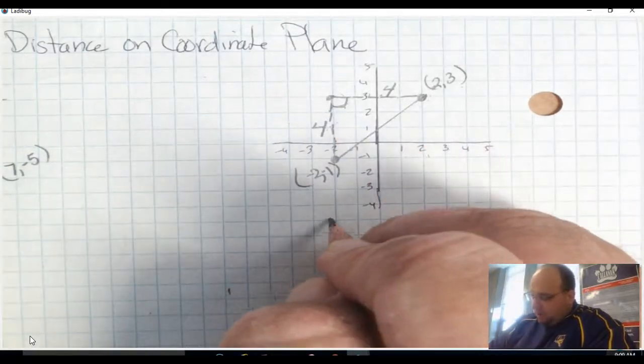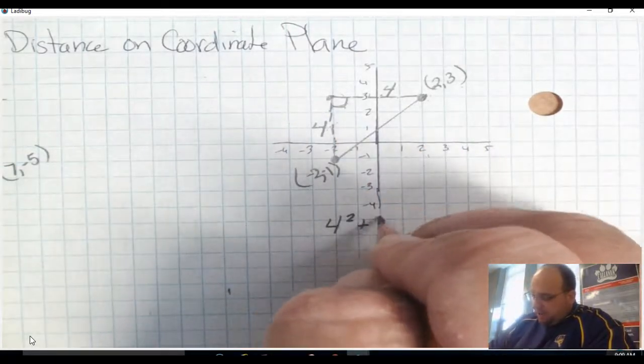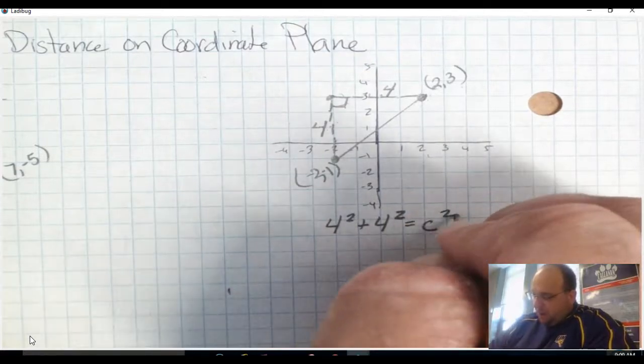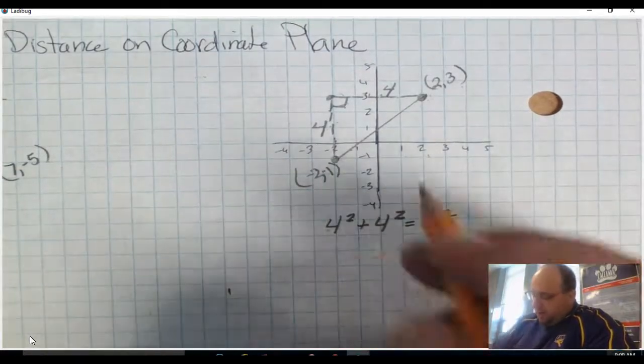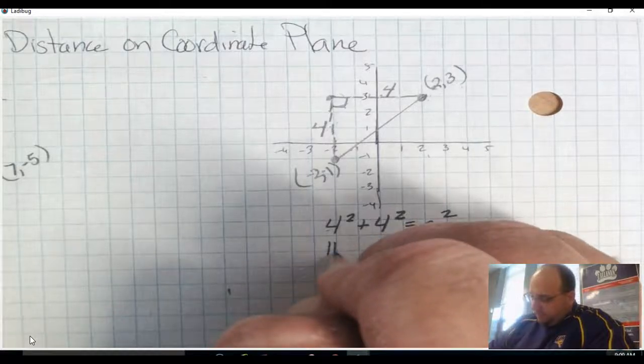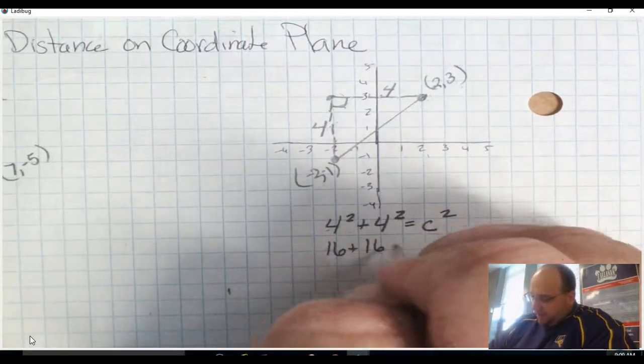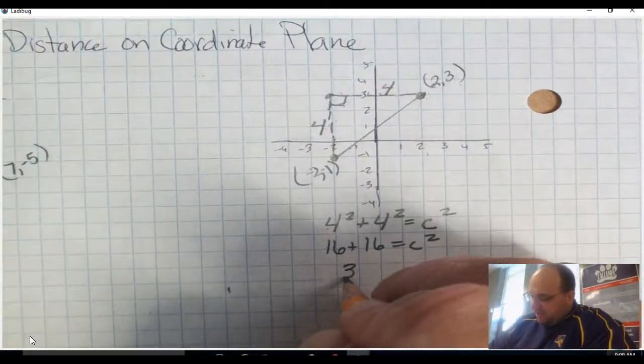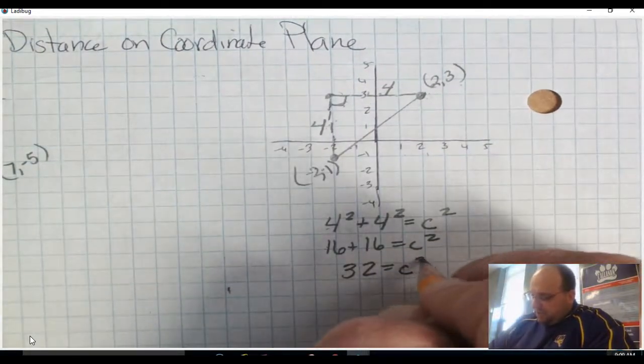So I'm going to do 4 squared plus 4 squared equals c squared. 4 squared is 4 times 4, which is 16. So I do 16 plus 16, which is 32. So I end up with 32 equals c squared.